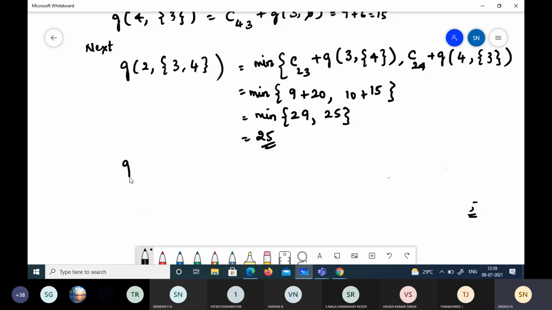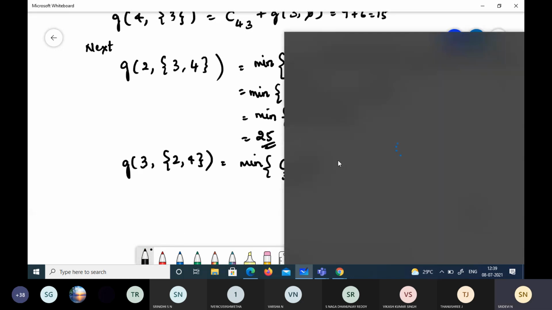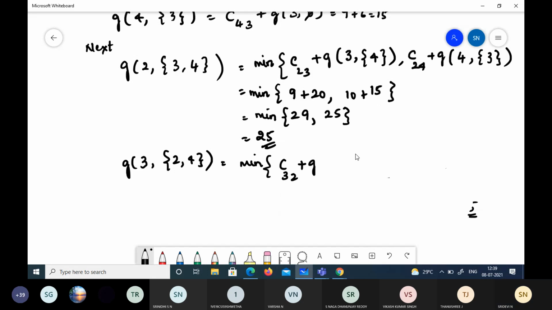So what do we do now with 3? You are left out with 2 and 4. So I'll write minimum of C of 3, 2 plus G of j comma S minus j.